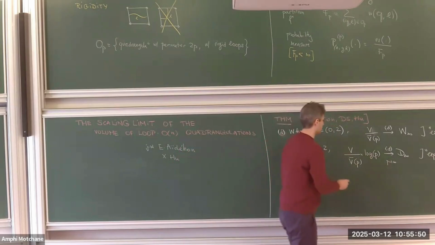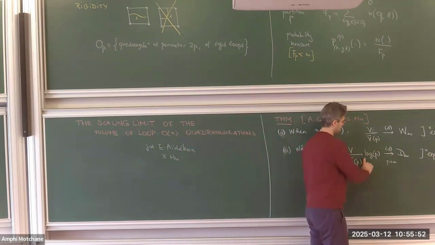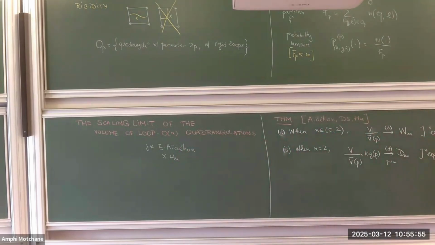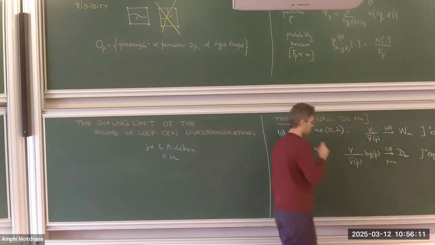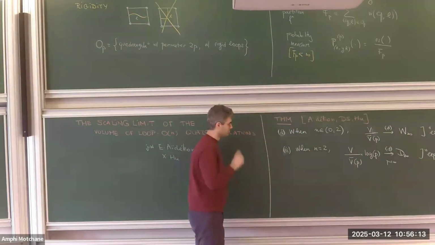At this point, I want to emphasize that this log is different from this log correction, as this log holds for any of these two regimes. So it's an extra log correction that is really intrinsic to this loop O(2) model.